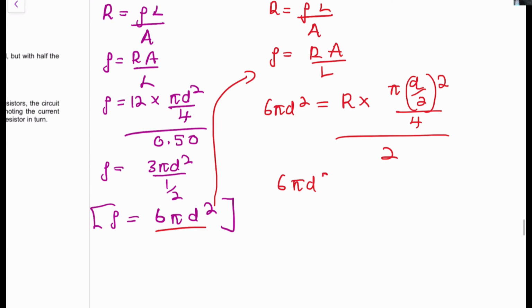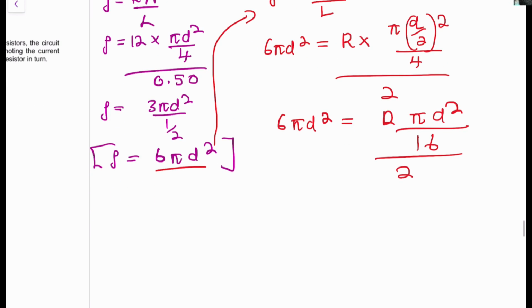Pi d over 2, all of that squared, divided by 4, divided by a length. In this case, we have a length of 2 meters. So we have 6 pi d squared equivalent to R pi d squared divided by 4 times 4 is 16, divided by 2.